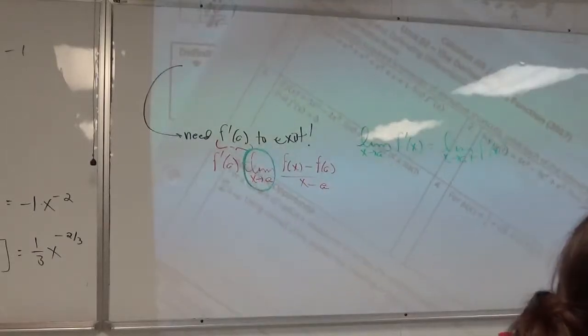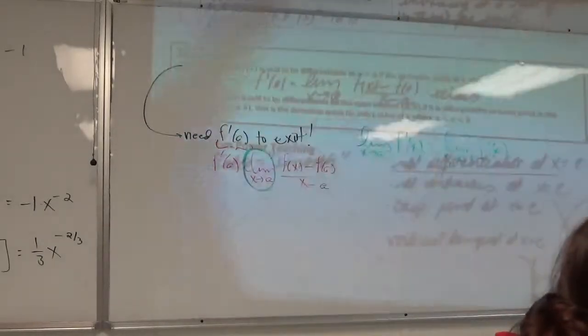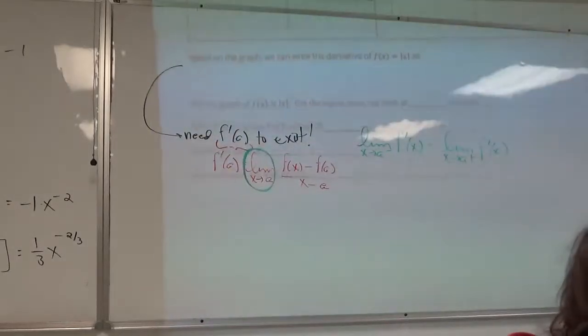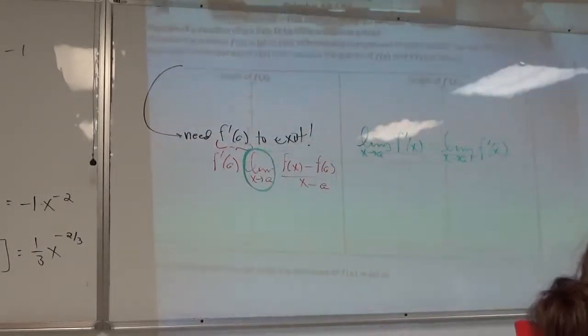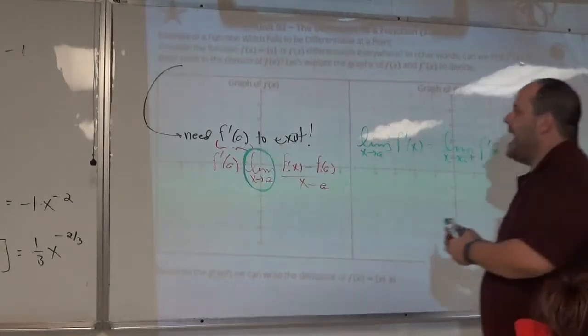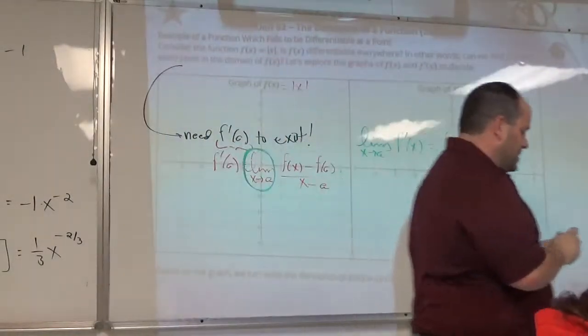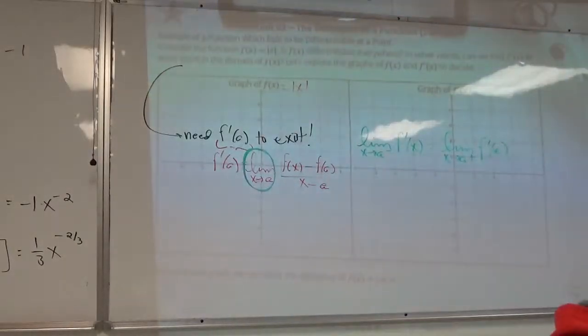Exhibit A. I need you to please graph for me the graph of f of x. f of x is going to be the absolute value of x. Give me a good sketch. Label your points carefully.